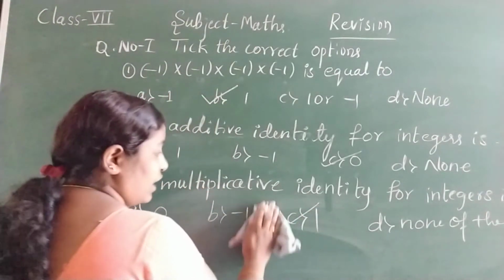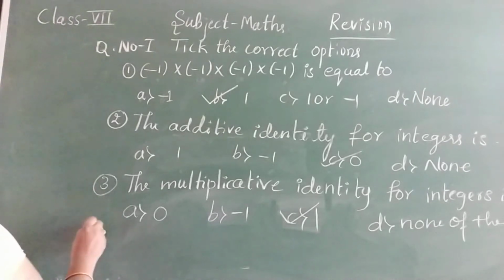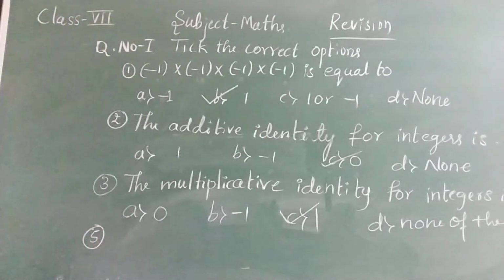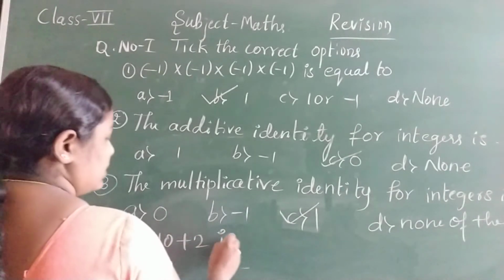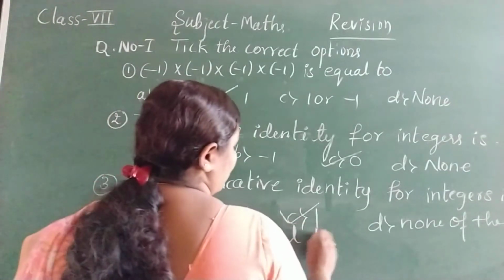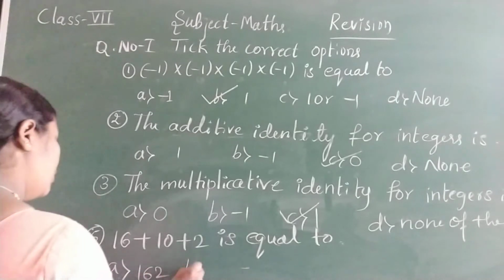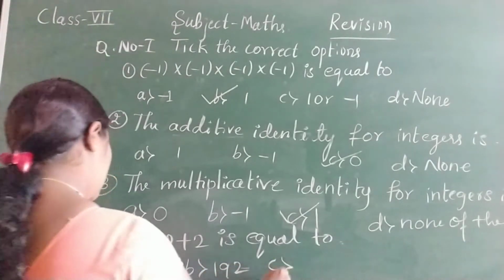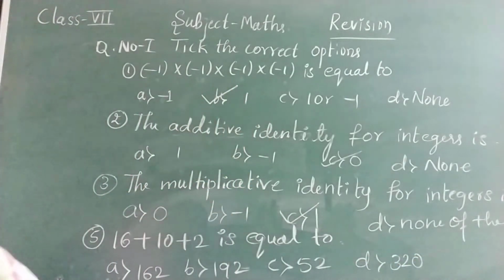These questions you may get, and similar to these also you will get. Fifth, 16 into 10 plus 2 is equal to: A 162, B 192, C 52, and D 320. So how will you get this answer?